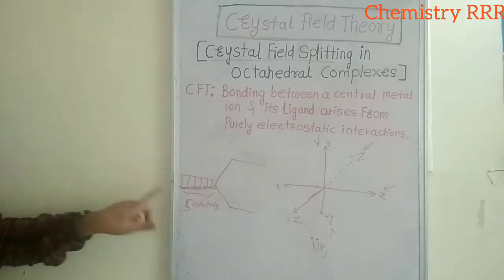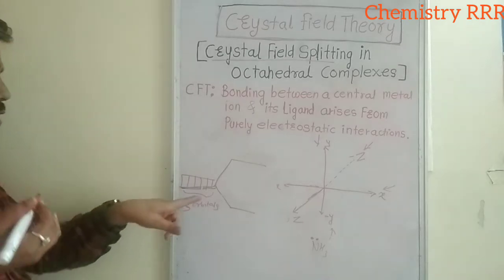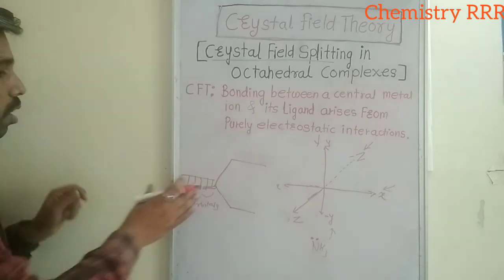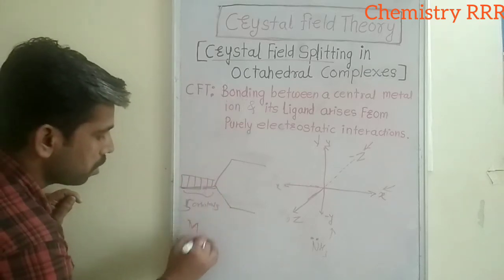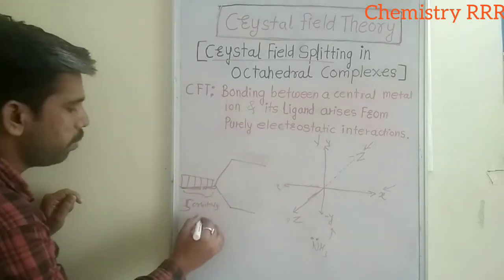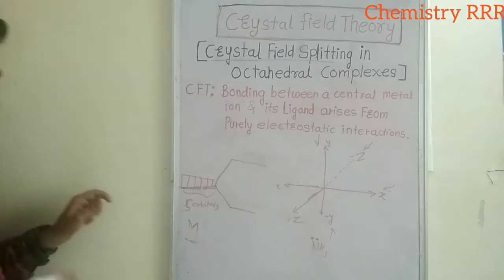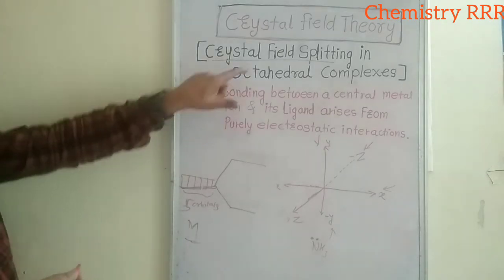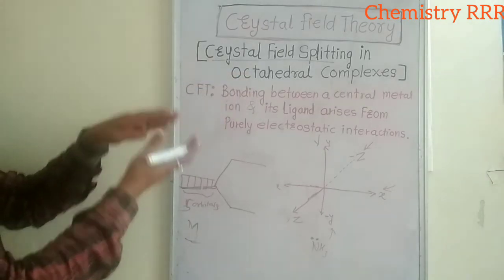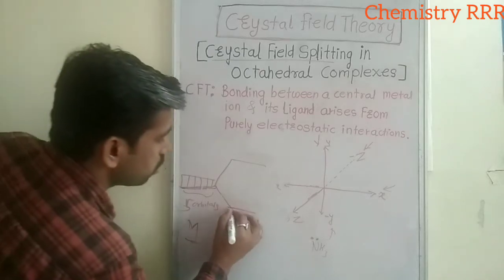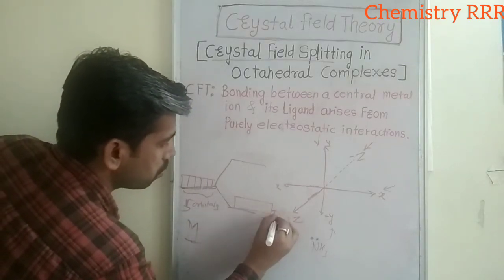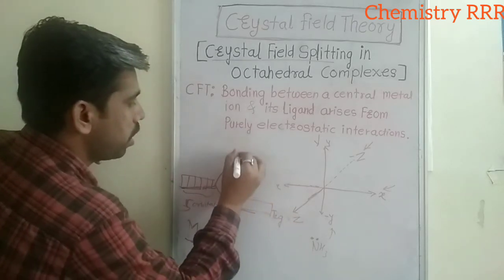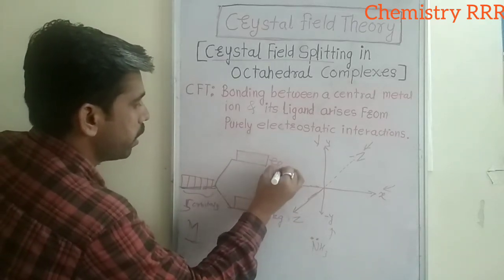That is dxy, dyz, dzx, dx square minus y square and dz square. All these 5 orbitals are at the same energy level in the absence of ligand, in the free metal ion. Now in the presence of ligand, in the octahedral complex, they split into two sets, the T2g energy level and the Eg set of orbitals.